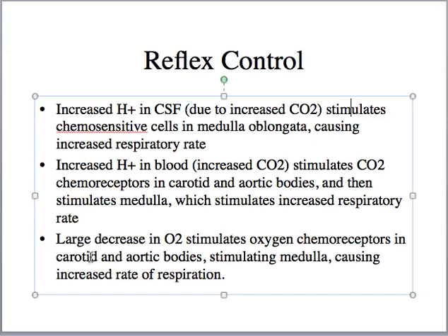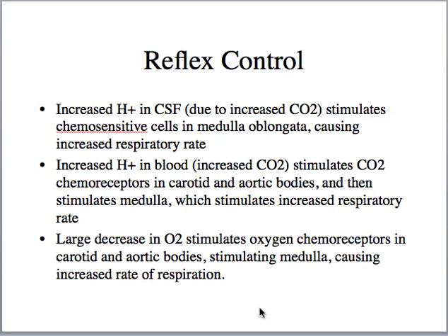Okay, now it takes a large decrease in your oxygen level in order to stimulate the oxygen chemoreceptors in your carotid and aortic bodies. Once that happens, that will stimulate your medulla and cause you to have an increased rate of respiration.